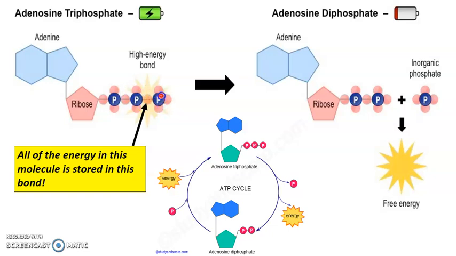In the next slide, I want you to think of these 3 phosphate groups as a compressed spring. There's a lot of potential energy in there, but it wants to explode. So once you break that bond between the second and third phosphate groups, however you prefer to think of it, you release energy, and that energy can be used to drive a reaction.